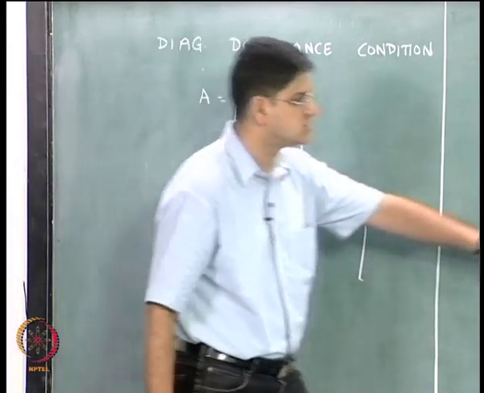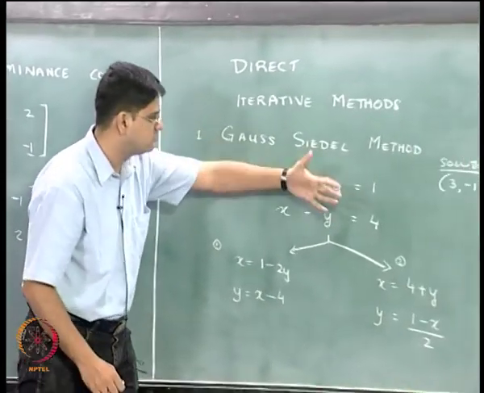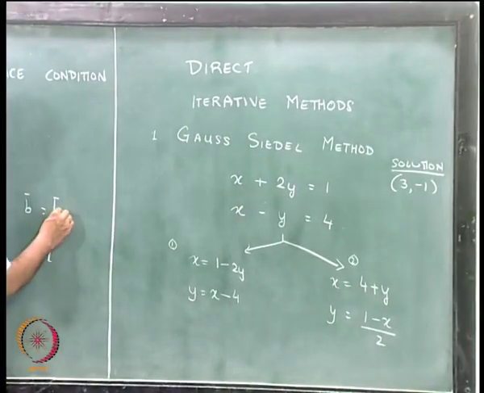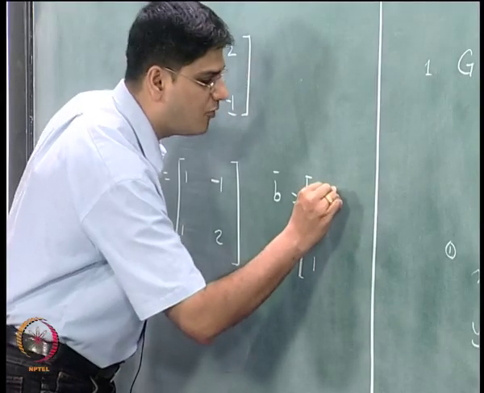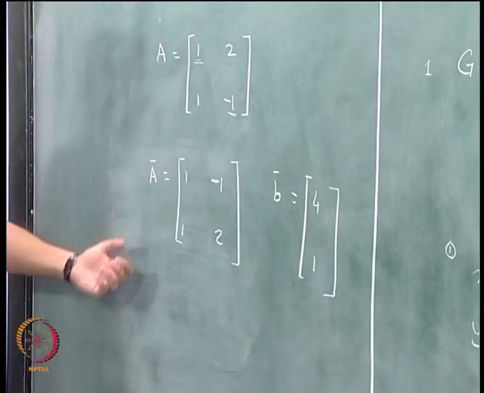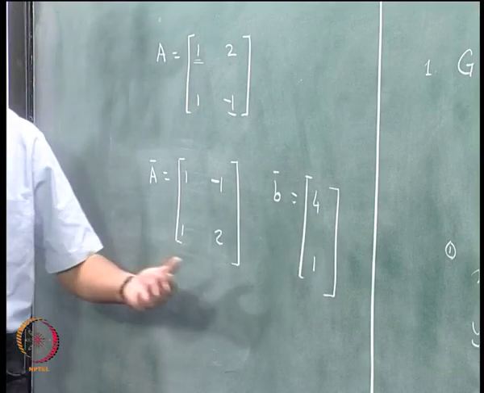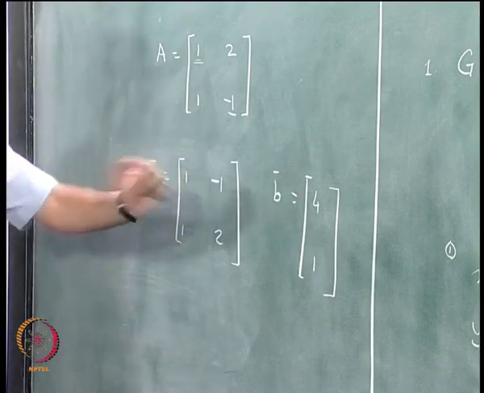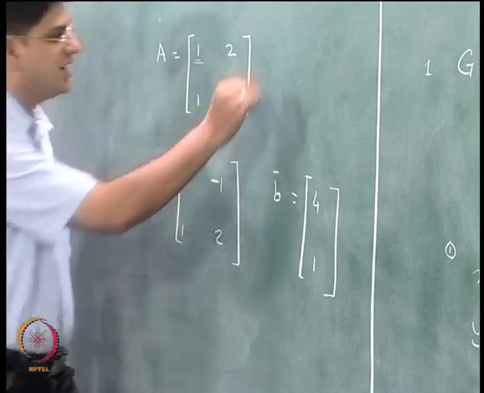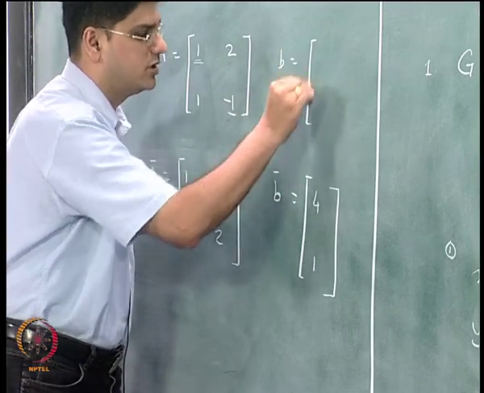Original B was 1 4, now that we have swapped these two equations B bar is going to be 4 1. The solution of A bar x equal to B bar is the same as the solution of Ax equal to B. I will write down the B over here as well.